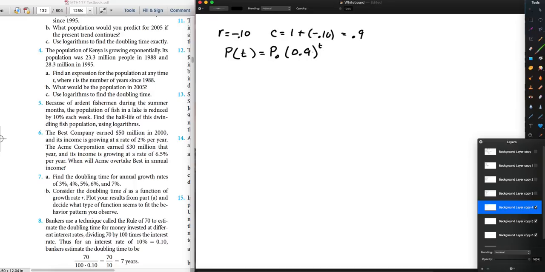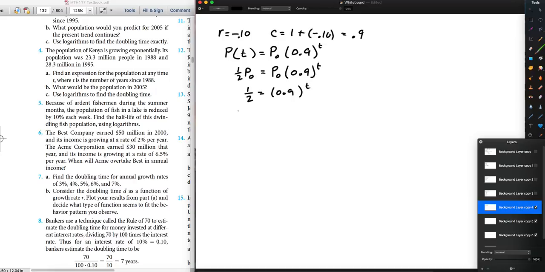Now, to find the half-life, I don't need any other information than that, because remember what half-life means. It means after however many years, half your original amount remains. My original amount is P0. So after how many years do I have half of P0 left? I can divide both sides by P0, and I have 1/2 equals 0.9 to the t.